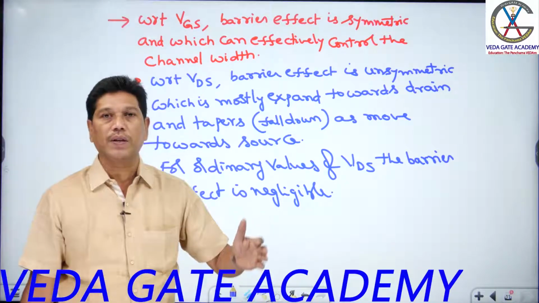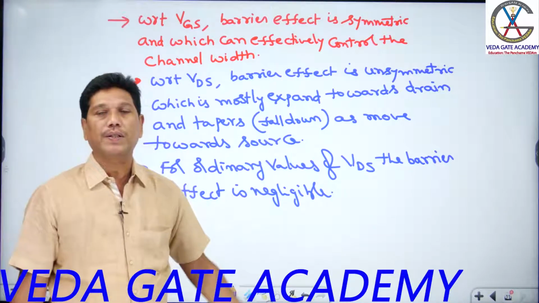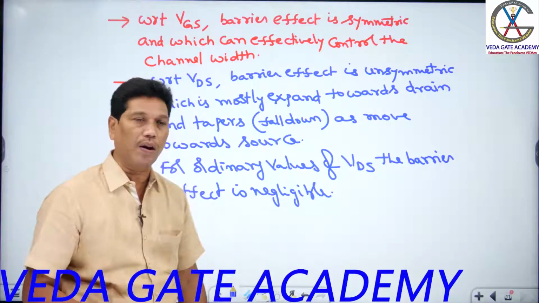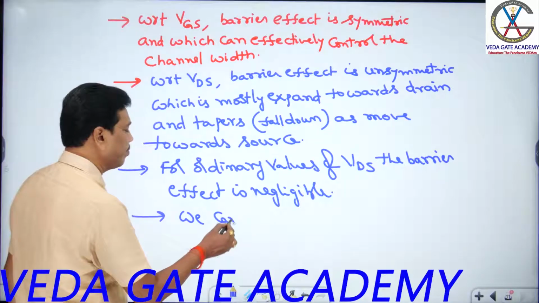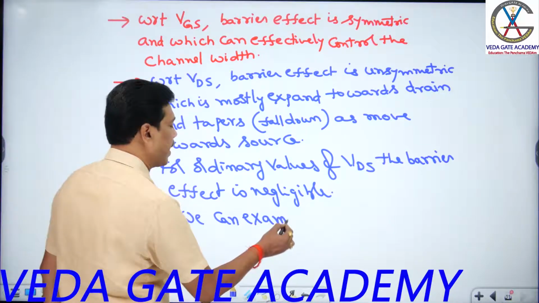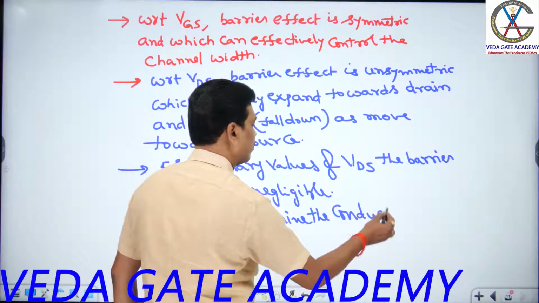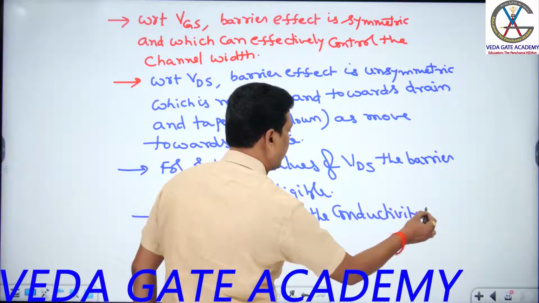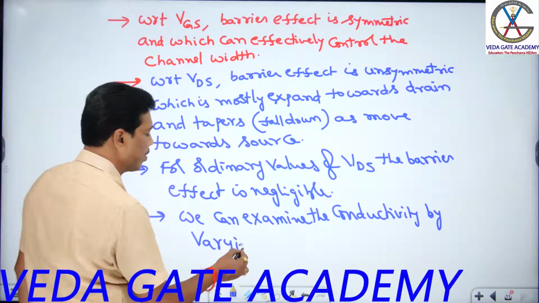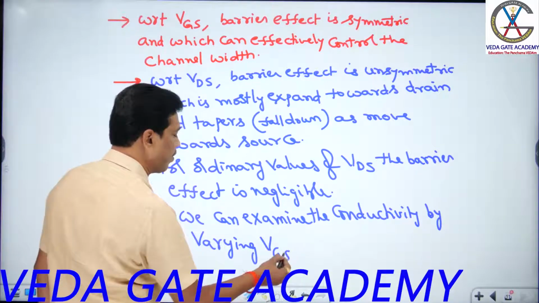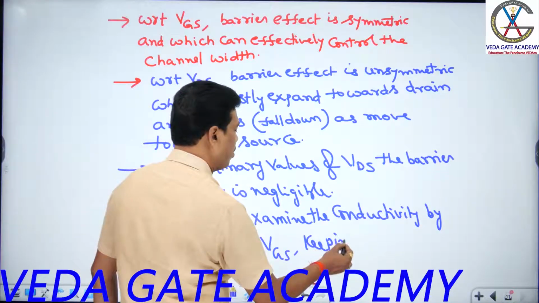Now you can analyze the working of FET with this, keeping VDS constant and VGS variable. So understand now, we can examine the conductivity by varying VGS, because it effectively controls the channel width, keeping drain voltage constant.